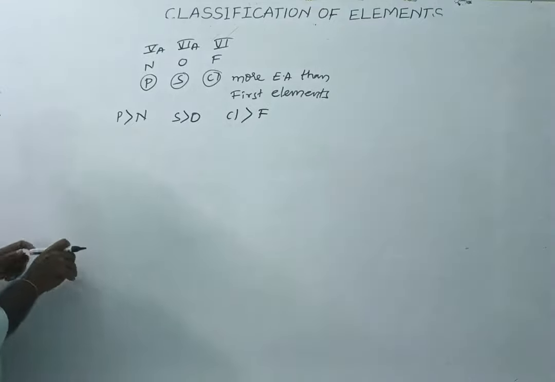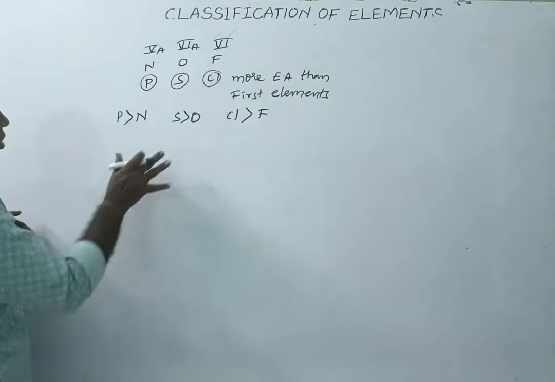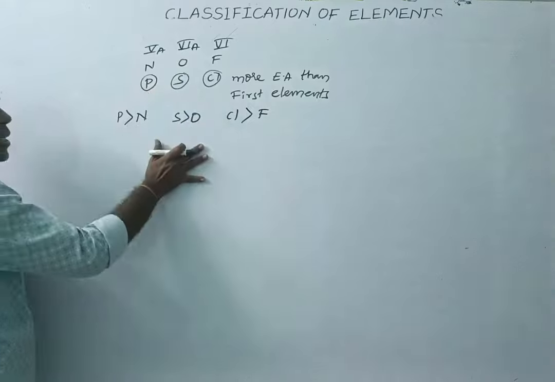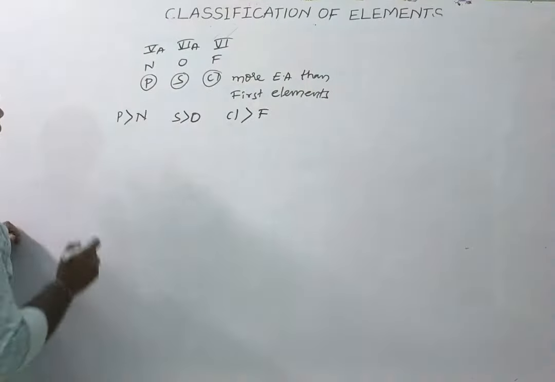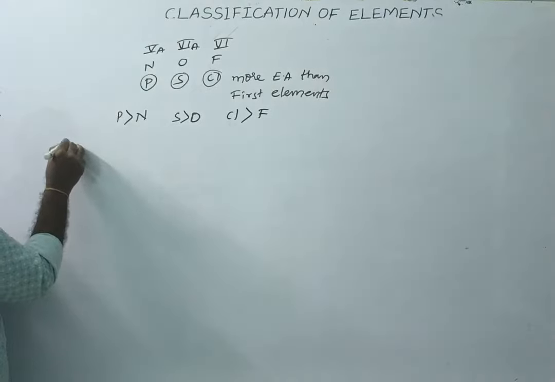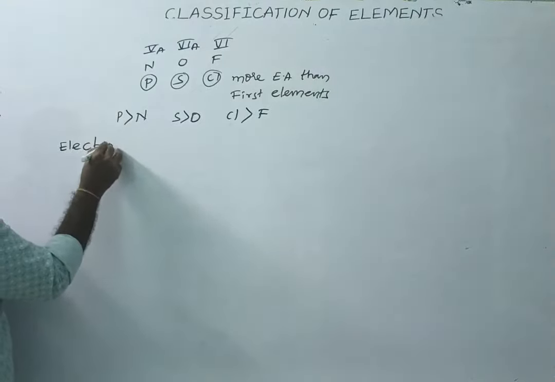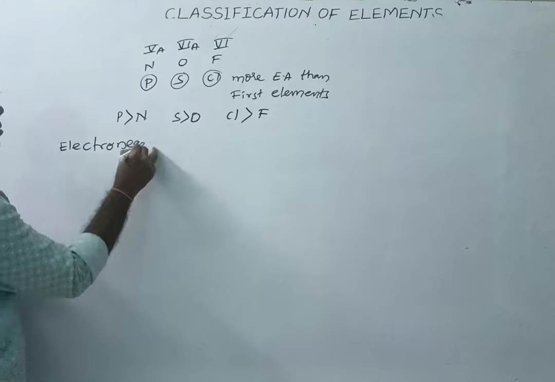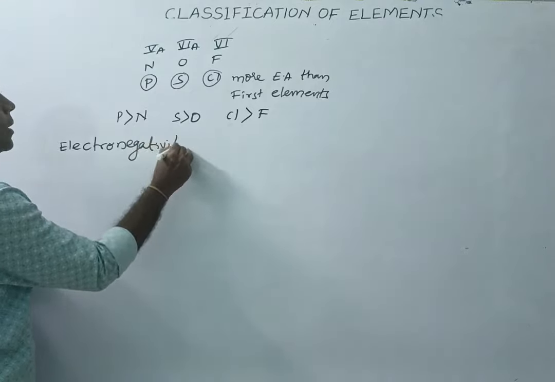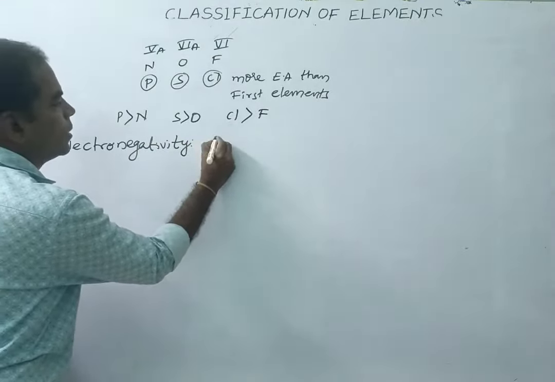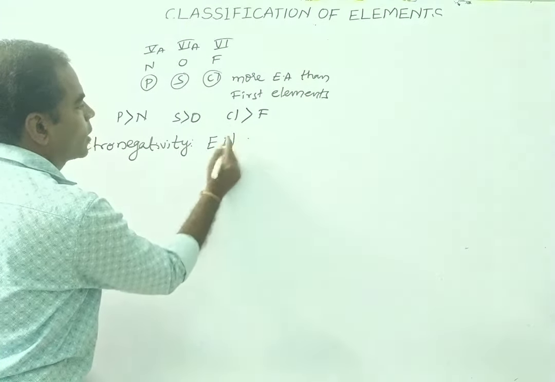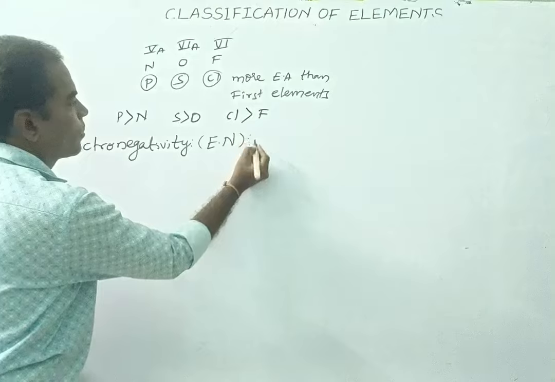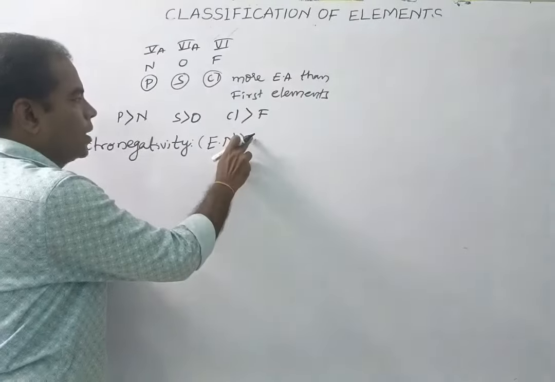Next, for noble gases, electron affinity is considered to be 0. Why? Because they are highly stable. Next property is electronegativity. So what is meant by electronegativity?